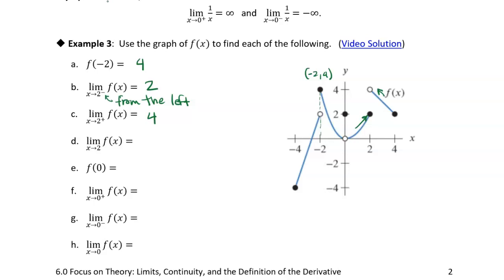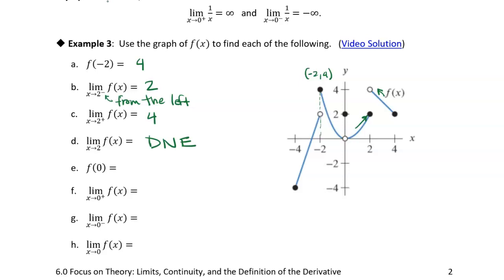In this case, we're not getting the same value from either side. As we approach 2 from the left, we get 2. As we approach 2 from the right, we get 4. So this limit does not exist. You can write DNE for does not exist.